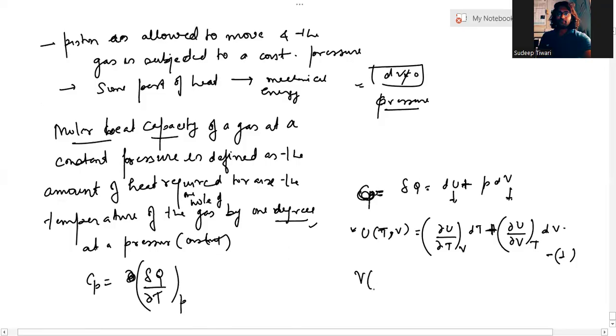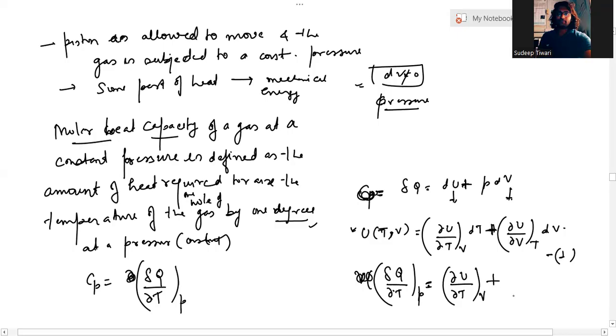So let me write del Q by del T at a constant pressure, which would then be equal to del u by del T at constant volume plus this particular thing.